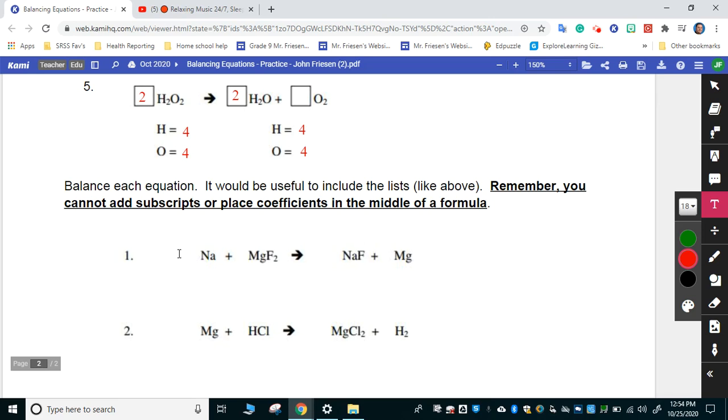Okay, and so remember, you can only add coefficients to the beginning of these right here. And what we want to do is write down underneath here Na, Mg, and F. Okay, and then balance it accordingly.